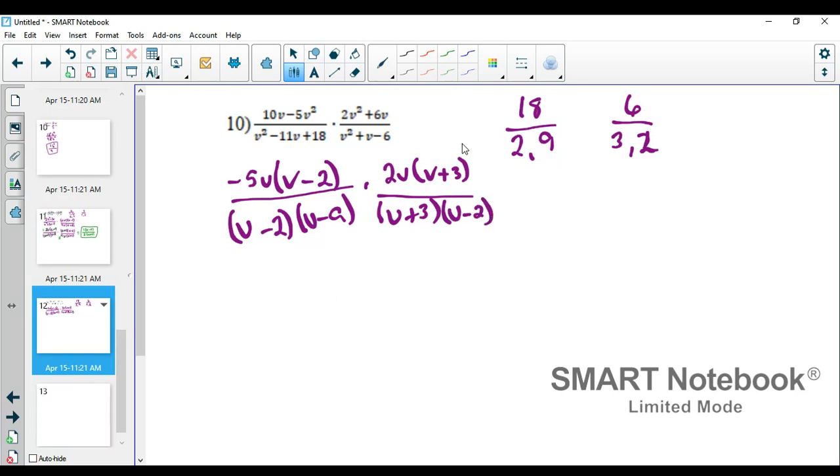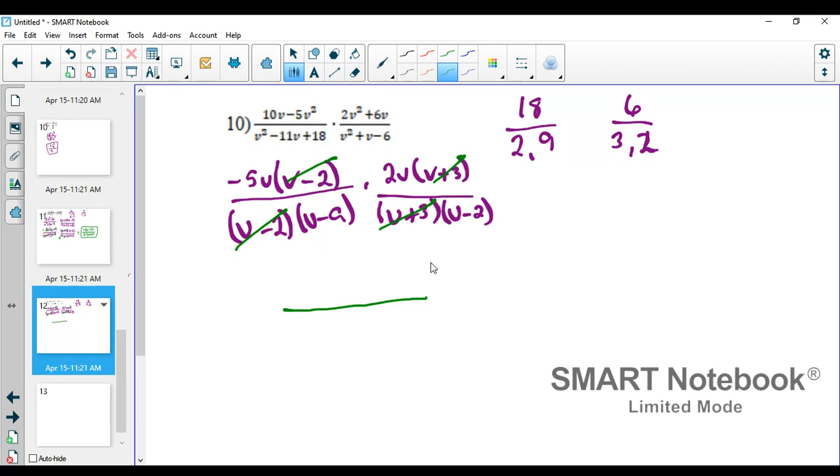And now we can start canceling what they have in common. So right over here, we have v plus 3 and v plus 3, so those are going to cancel. And then over here, we have v minus 2 and v minus 2, so those are going to cancel. And I think that's everything that's going to cancel in this one.